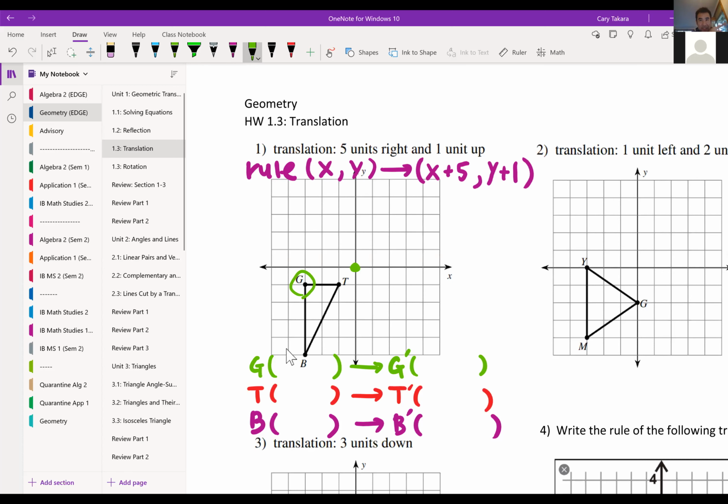The first number is the sideways one, and the second number is up and down. So you go 1, 2, 3 left, right? That means it's -3. And then you go 1 down, that's -1. So the coordinate for G is -3, -1. You get that?